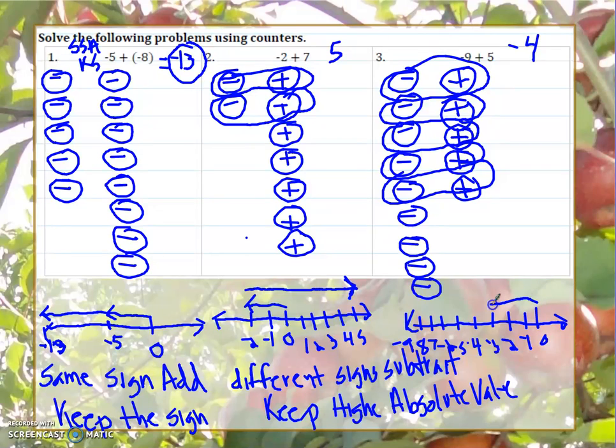Okay, so I go to the left 9. After I go to the left 9, I'm going to go 5 to the right. So 1, 2, 3, 4, 5.